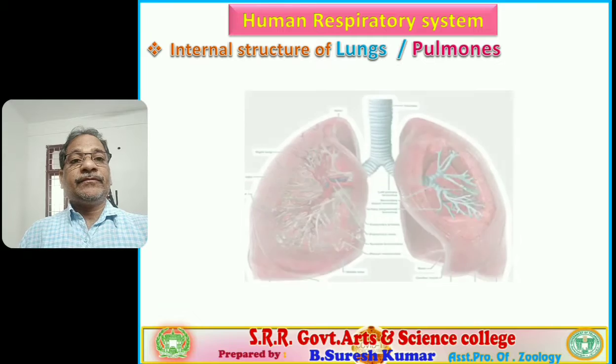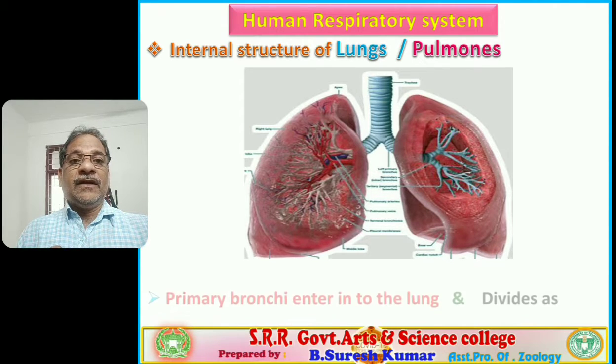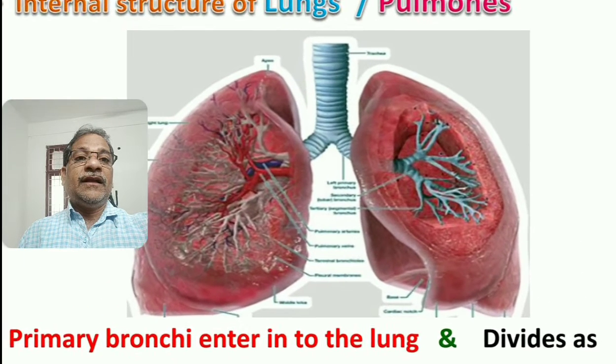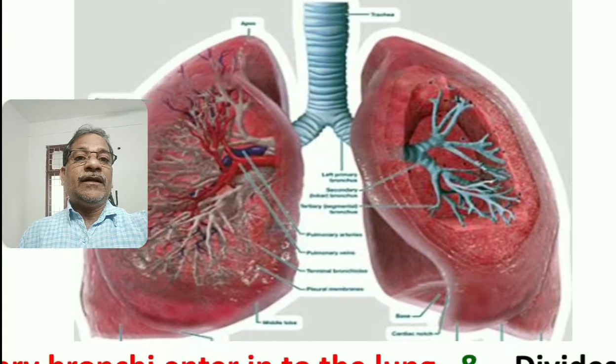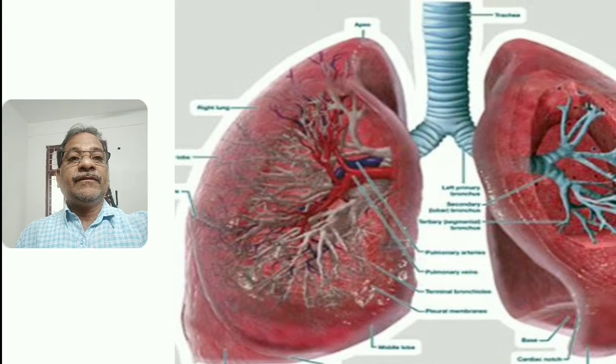Right. Next, the internal structure of the lung. So morphology we completed. Let's discuss the histology of the lung. This diagram represents the internal structure of the lung. What structures are appearing inside the lung, you observe.